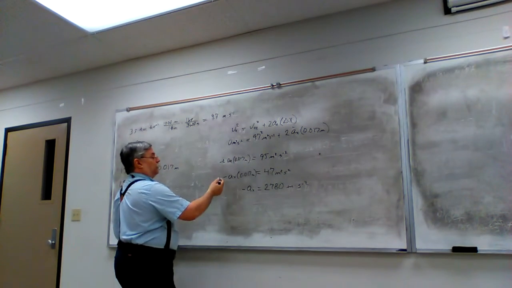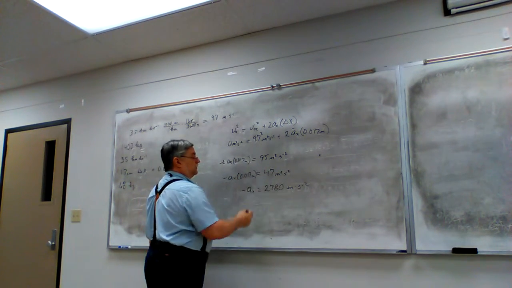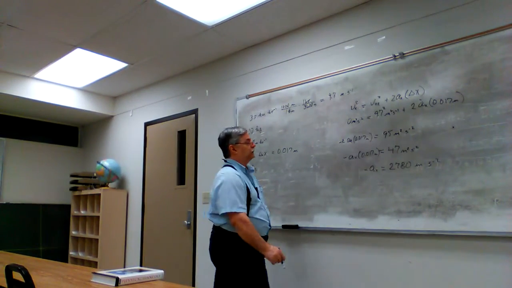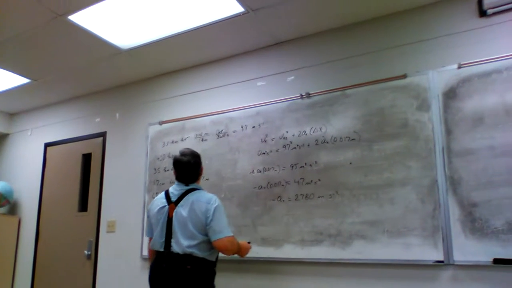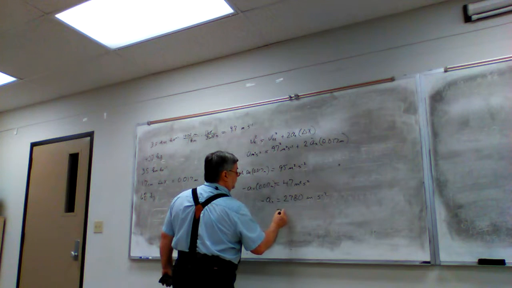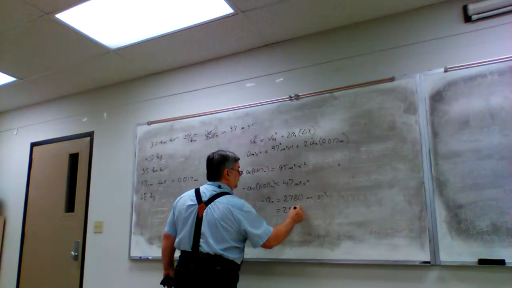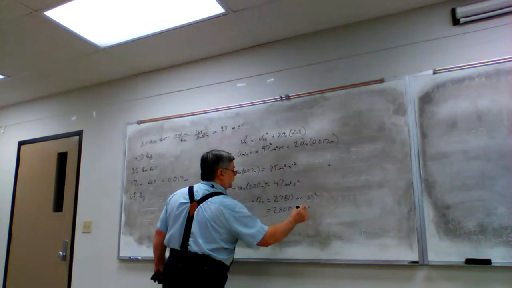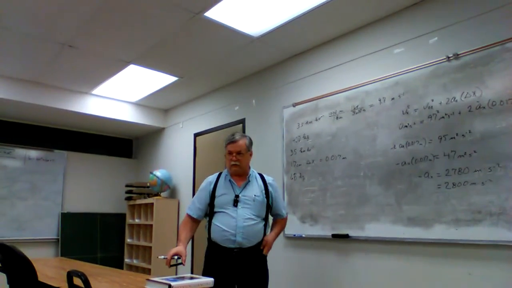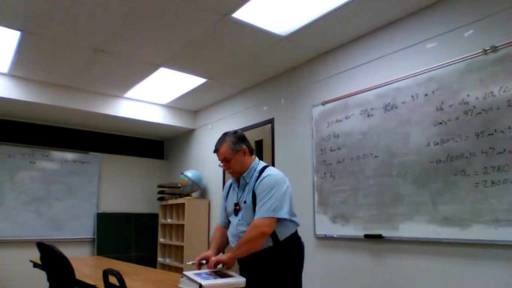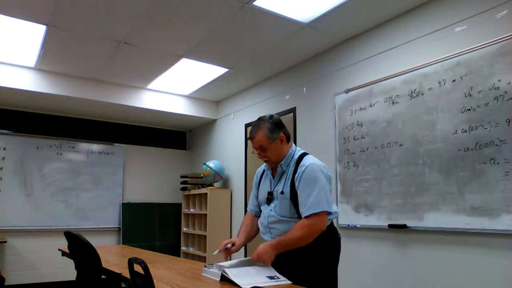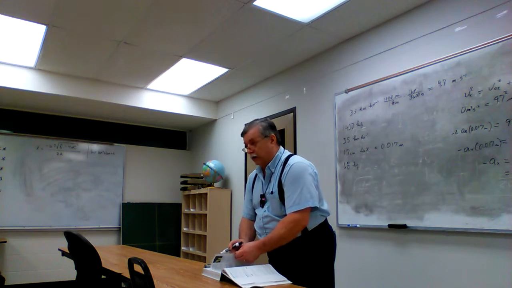So what happened to the square meters? Divided by meters, that left meters per second squared, so our units do work out. Since we're limited to two significant digits, we make that 2,800 meters per second squared. That's the acceleration that would be necessary to stop a 35 kilometer per hour car on a literal dime.